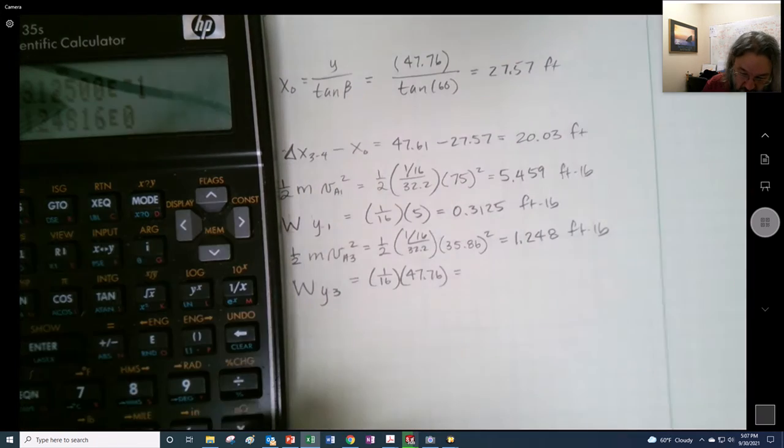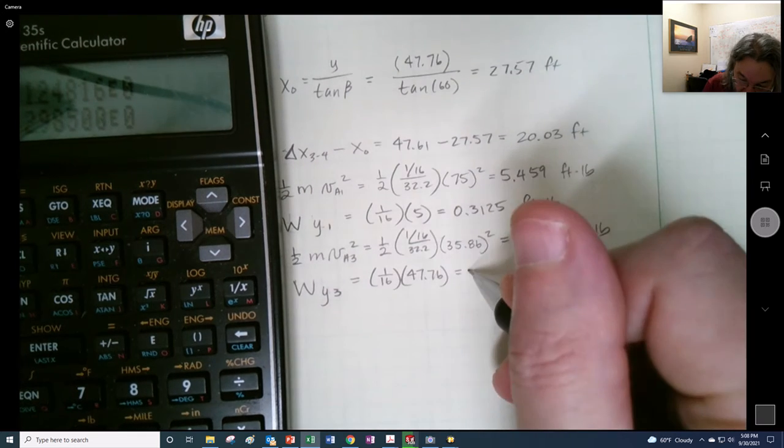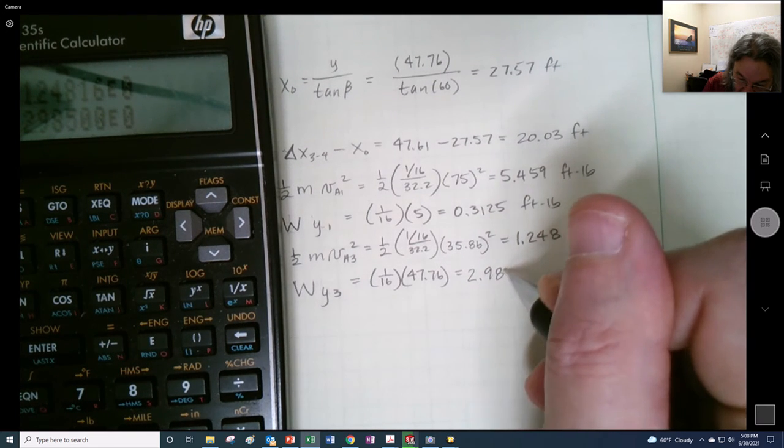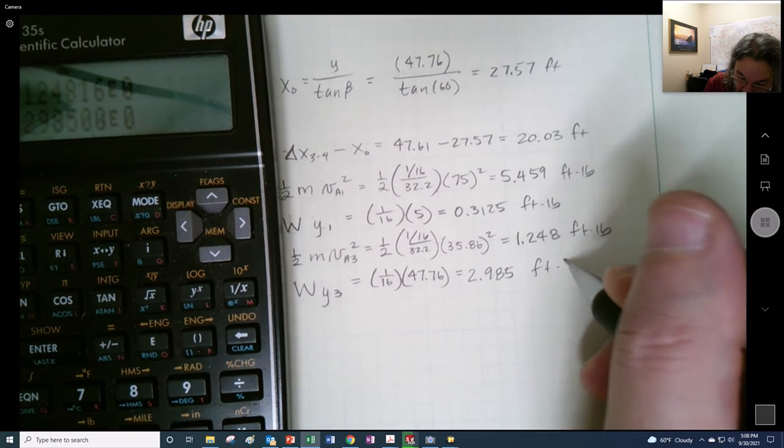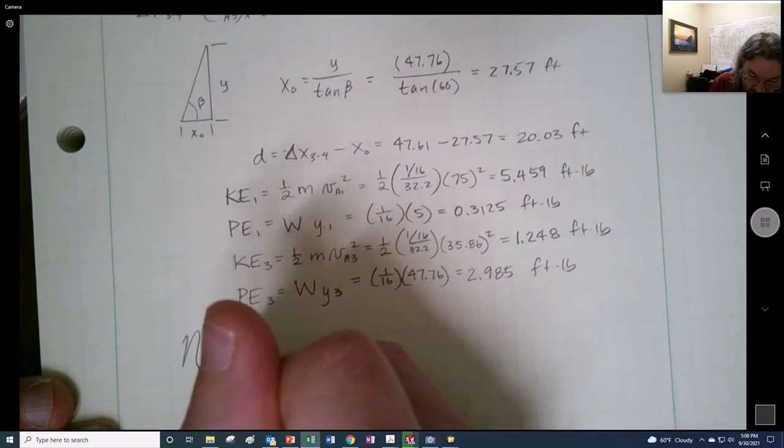So 47.76, 16 divide, you have 2.985 foot-pounds, right?